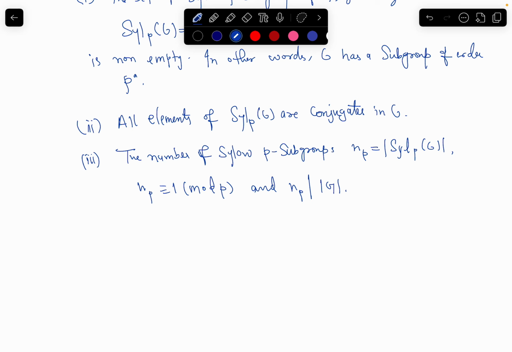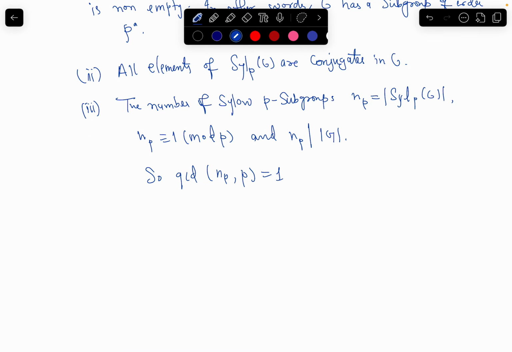That simply means that the GCD of n_p and p is 1. Right? So p does not divide n_p.